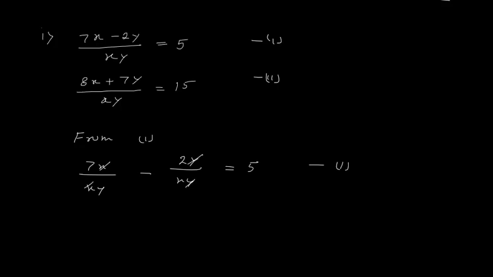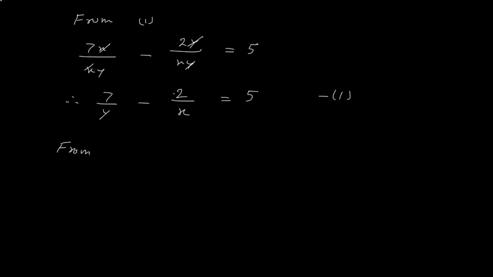So I have 7 upon y minus 2 upon x is equal to 5. This I will consider equation 1 only.